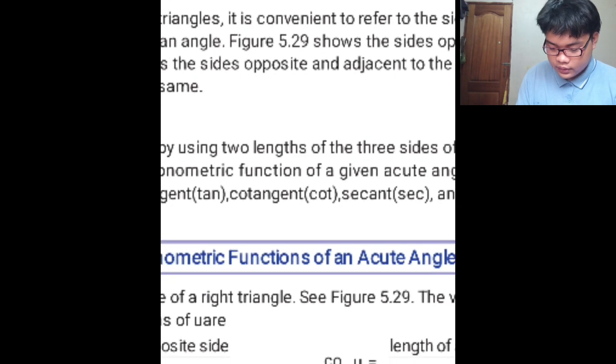We have here the six ratios that can be formed by using two lengths of the three sides of the right triangle, and each ratio defines a value of a trigonometric function of a given acute angle.